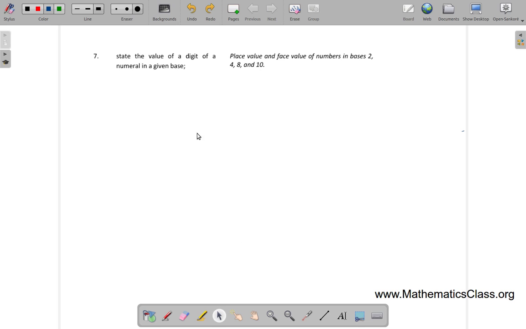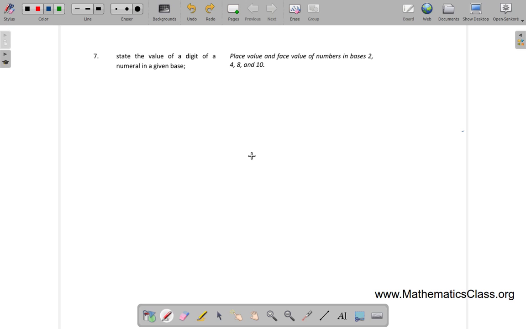That was an example of a base 10 number, and we saw that the face value of each digit is just the digit itself, but the place value is the digit multiplied by the value of the place in which it was in that number.